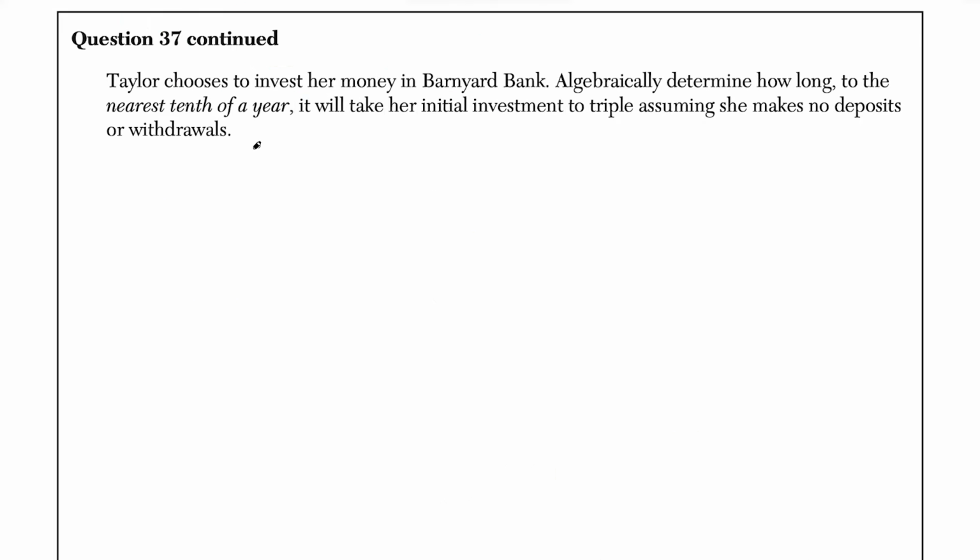And now for the last part of this question, Taylor chooses to invest her money in Barnyard Bank. Algebraically determine how long to the nearest tenth of a year it will take her initial investment to triple, assuming she makes no deposits or withdrawals. So remember from before, B of t is equal to 1200 times e to the 0.0635t.